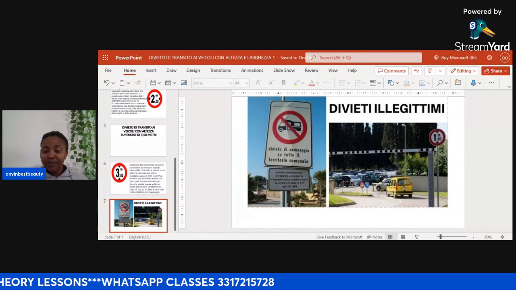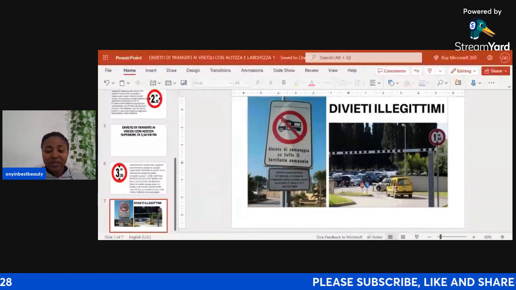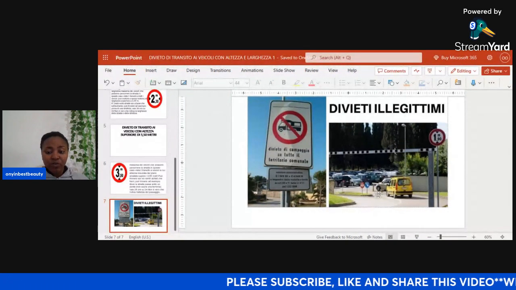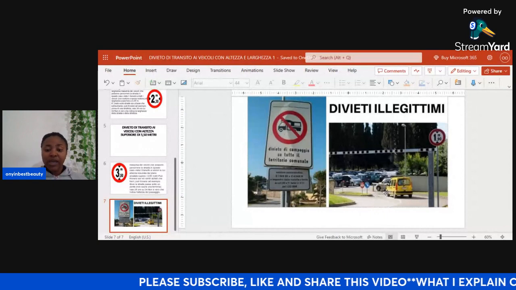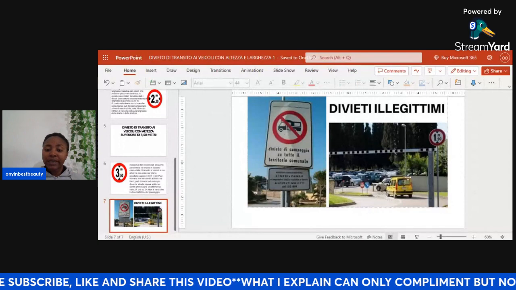If your vehicle height is more than 1.90, do not enter this road. It is not telling you that the height of this barrier is 1.90. No, it is telling you that if your vehicle height is more than this number, do not enter.